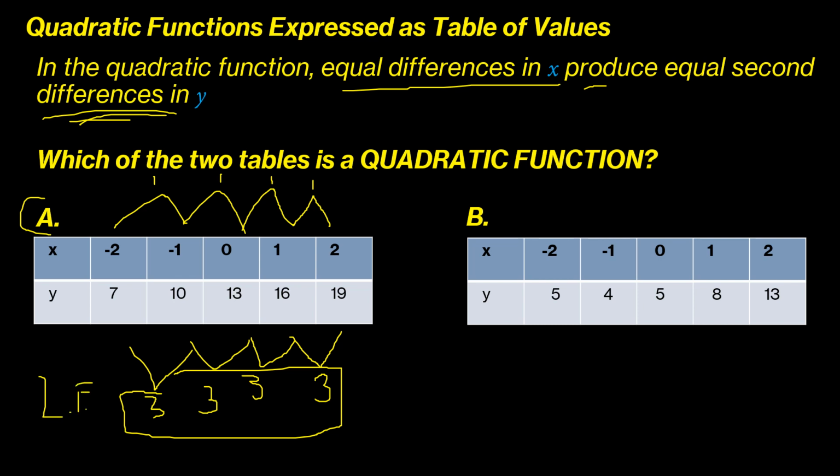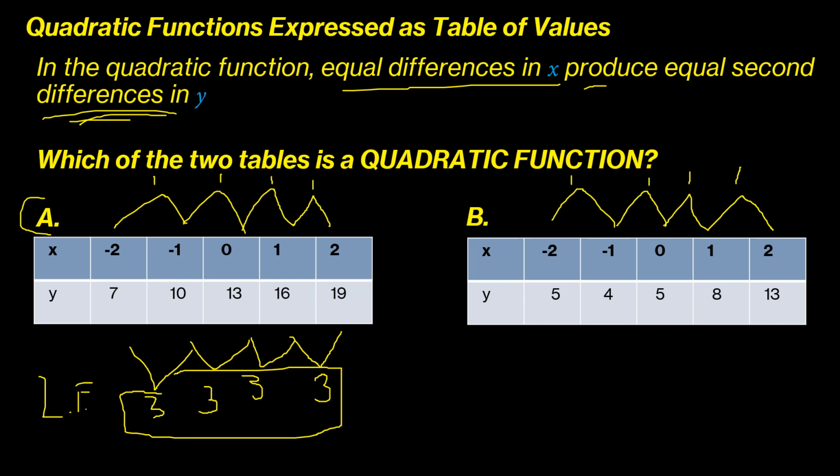Now let's try the second table, or table B. Let's check the values of x first if they have uniform differences. 2 minus 1 is 1 and 1 minus 0 is still 1. 0 minus negative 1 is 1 and negative 1 minus negative 2 is also 1.